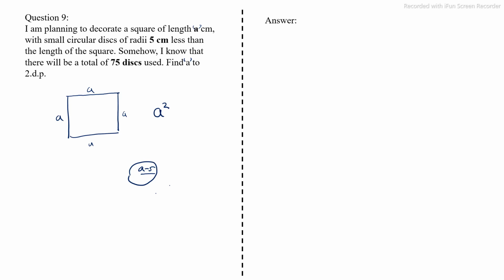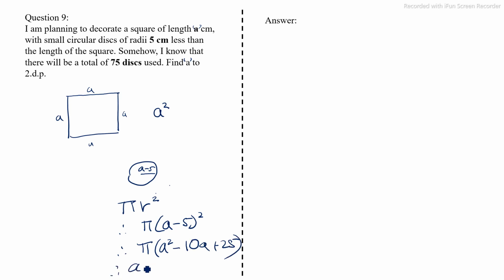So we know that pi r squared is the area of the disc. Therefore, pi times (a minus 5) squared, therefore pi times (a squared minus 10a plus 25), therefore a squared pi minus 10 pi a plus 25 pi.